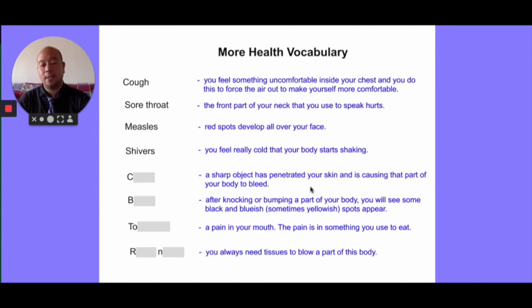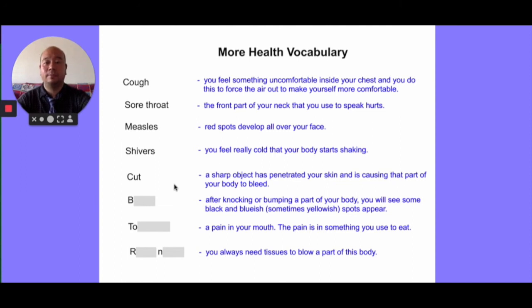So to bleed means blood is coming out from that part of your body. What's happened? You have suffered a cut, or you have cut yourself. Maybe you were cooking and you were chopping some vegetables, but you accidentally cut your finger by mistake, and now it's bleeding.